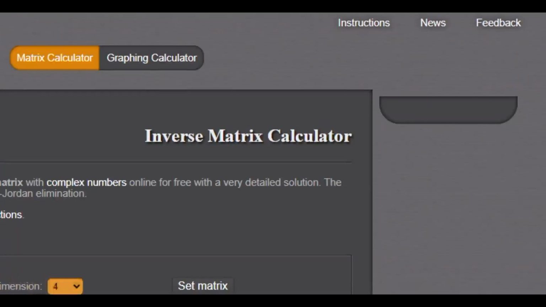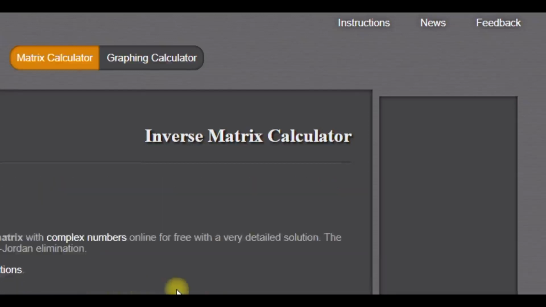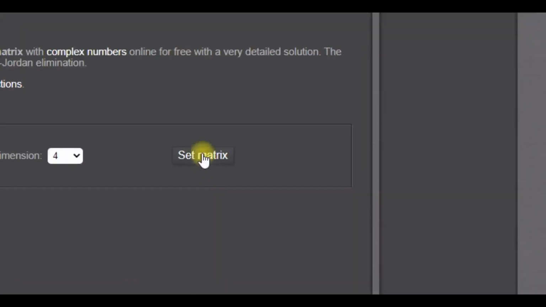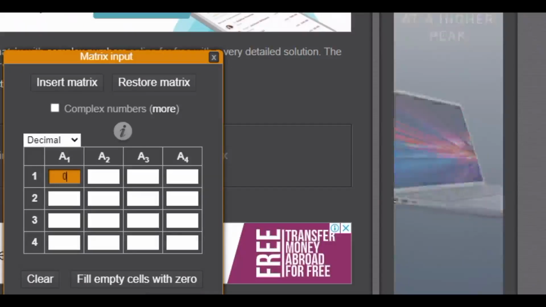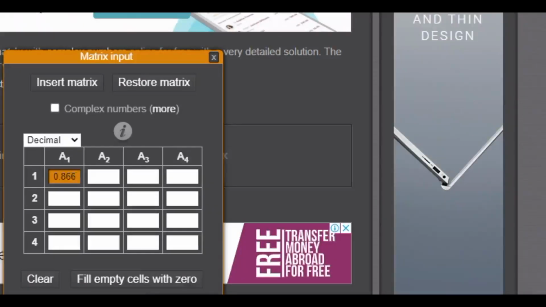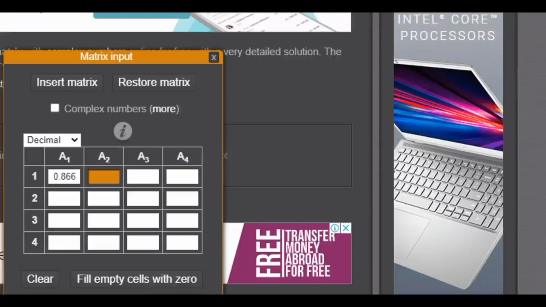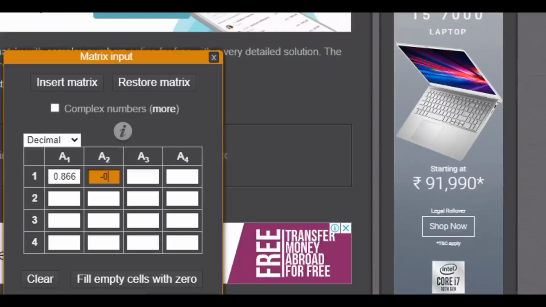So I just check the matrix dimension 4 and set the matrix, and I put here the value 0.866, and this value is minus 0.5, and this value is 0, and this is 4.